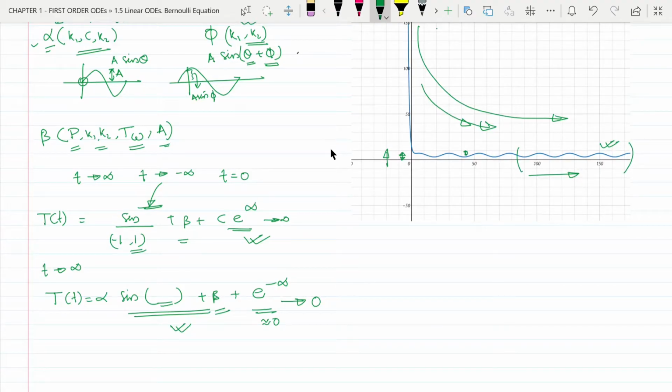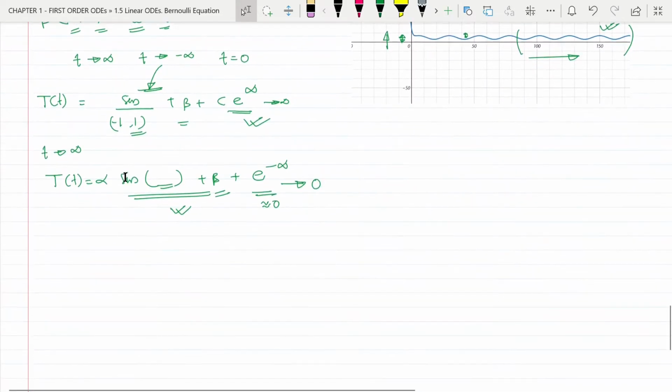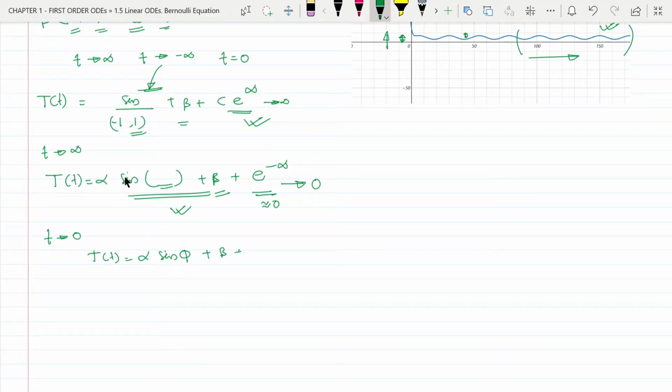What happens at t equal to 0? At t equal to 0, this term will be e to the power 0, which is equal to c1, and this term would be sine phi. So at t equal to 0, T of t would be alpha sine phi plus beta plus c1, and beta is a constant, c1 is a constant, also phi is a constant, so sine phi is a constant.